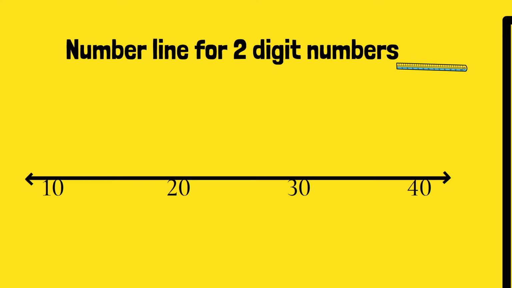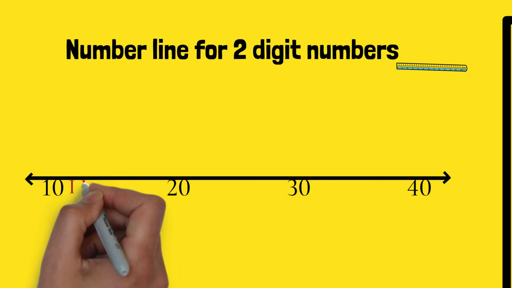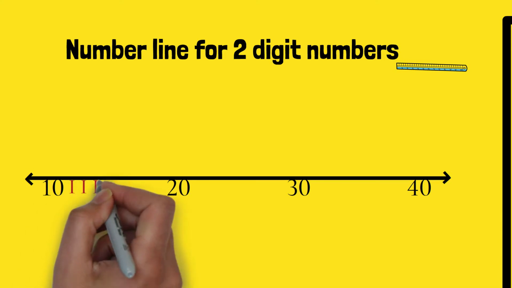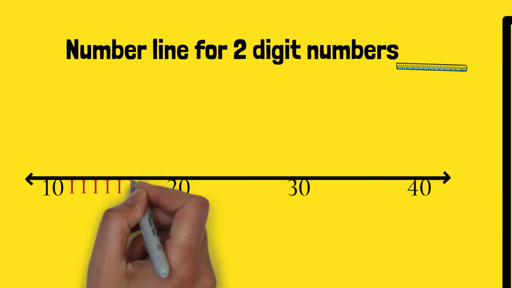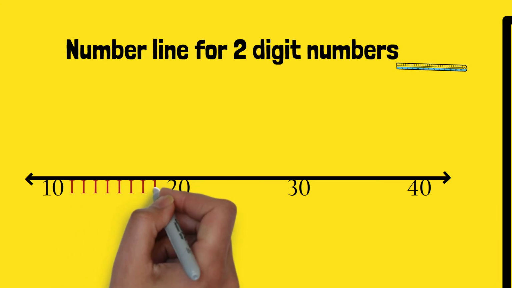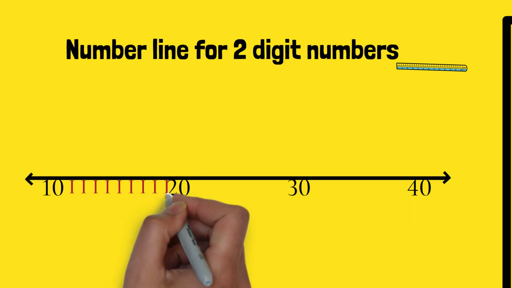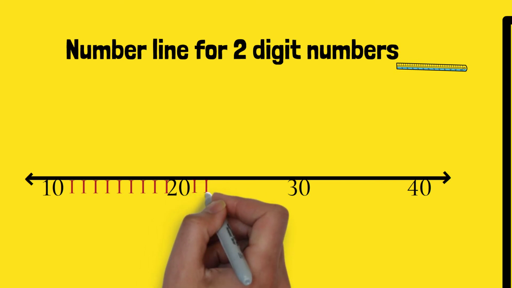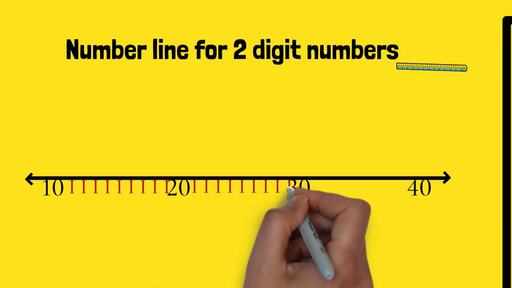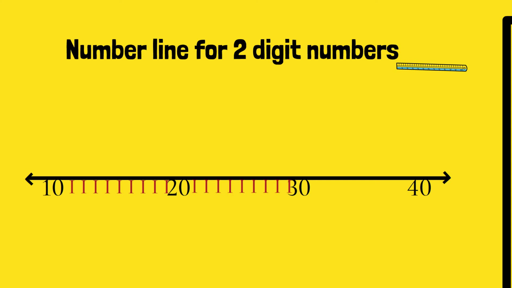Numbers we skip between 10 and 20 are 11, 12, 13, 14, 15, 16, 17, 18 and 19. Same way between 20 to 30 and 30 to 40.